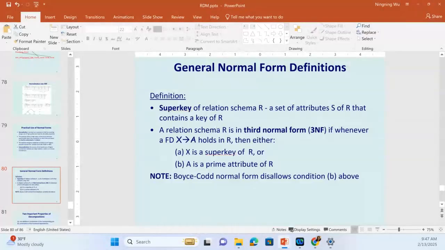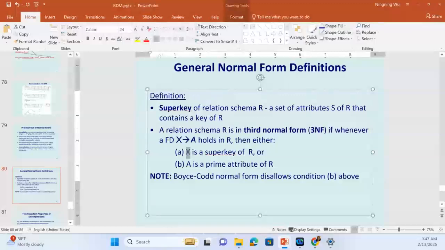A relation schema R is in third normal form if whenever a functional dependency X determines A holds in R, where both X and A are subsets of the attributes of the relation R, either X is a super key, or A is a prime attribute.